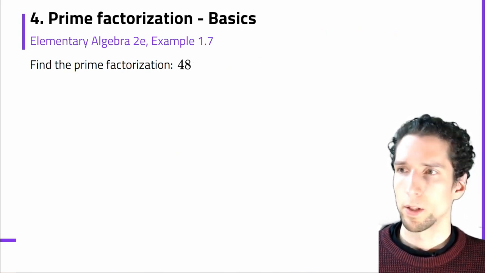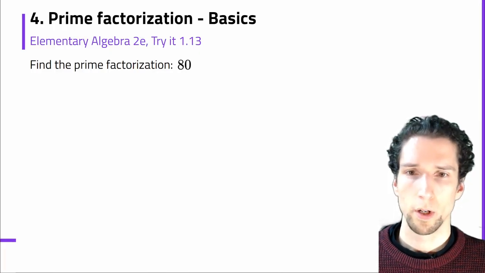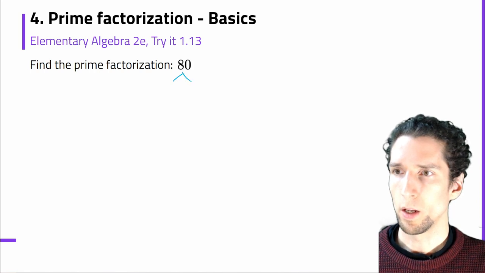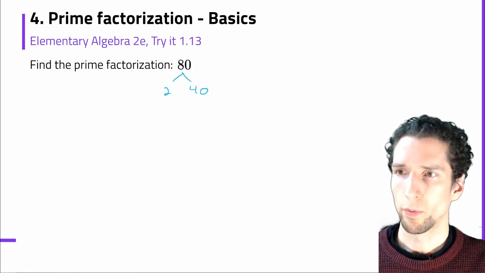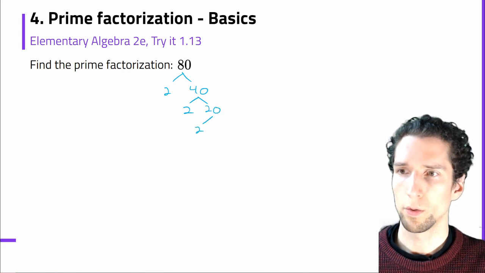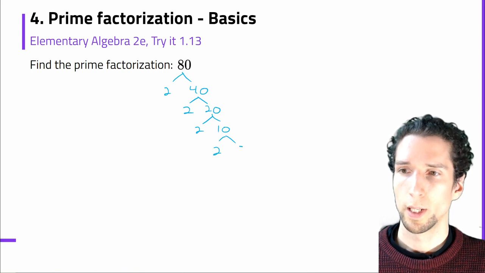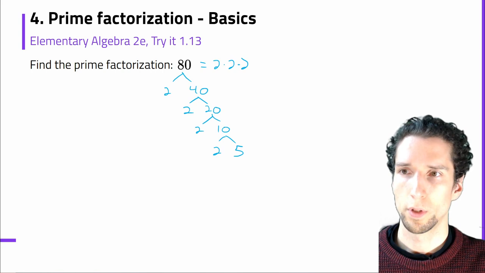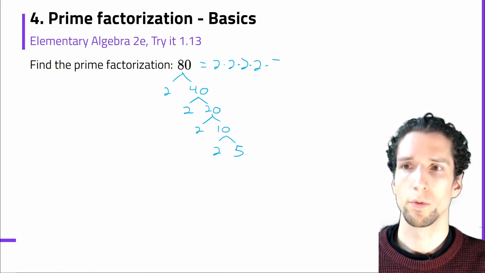There, erase. So my turn here with the number 80. So 80 is 2 and 40, 2 and 20, 2 and 10, and 2 and 5. Lots of 2's here. So that's 2, 2, 2, 2, 5.